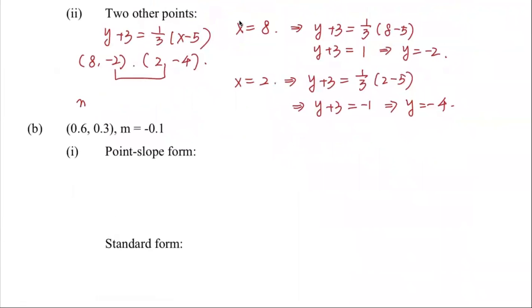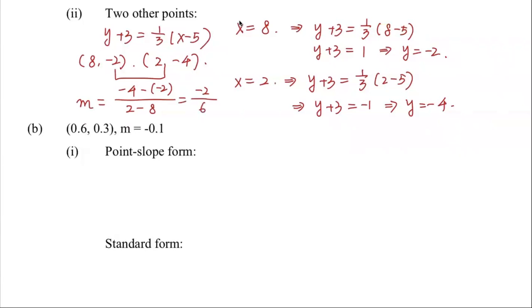So m is equal to minus 4 minus 2 over 2 minus 8. Minus 4 minus 2, that's minus 6. And 2 minus 8, that's minus 6. Sorry, minus 4 minus 2 is minus 6, and 2 minus 8 is minus 6.